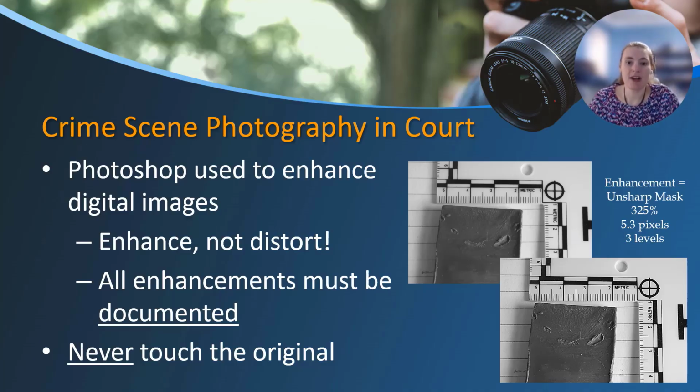Ideally, the enhancement log should allow another photographer to copy the original image again, redo all of the enhancements over in order, and then end up with the exact same photograph. If the enhancement log is missing details, or if the original image is altered instead of the copy, the photograph becomes open to admissibility challenges regarding its authenticity, because now we can't prove that you didn't do something to the photograph that you haven't said.